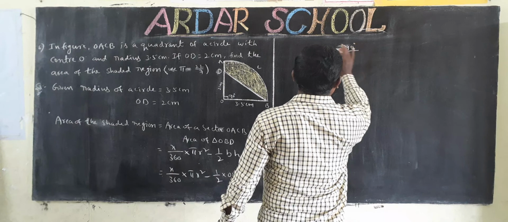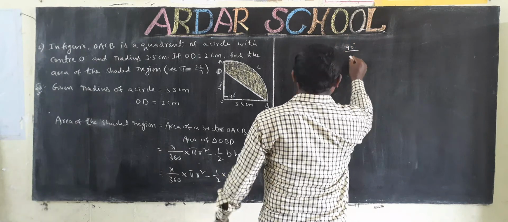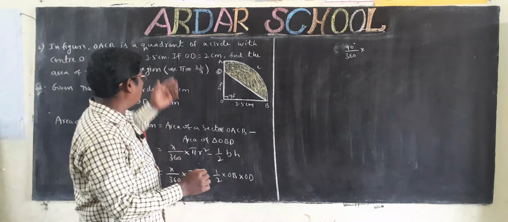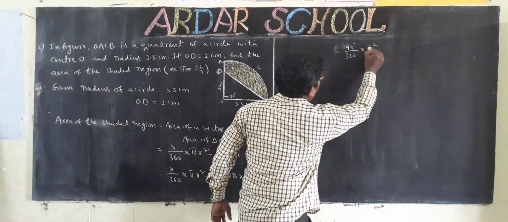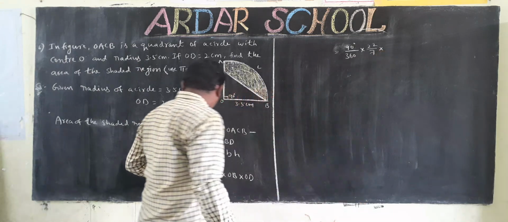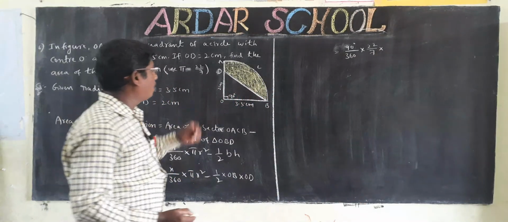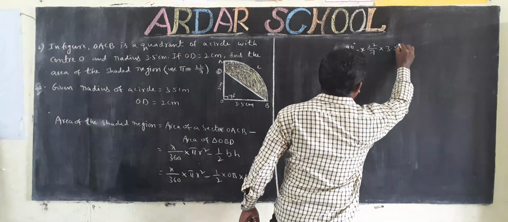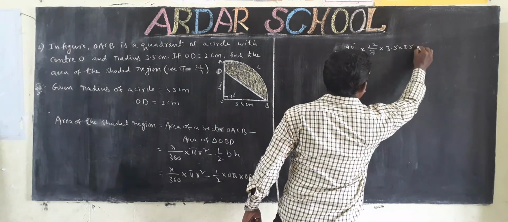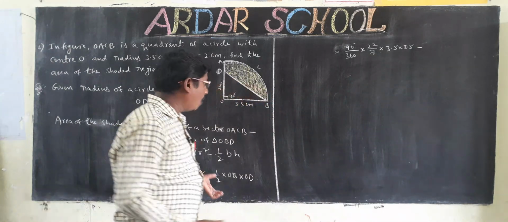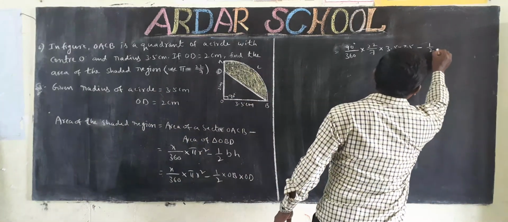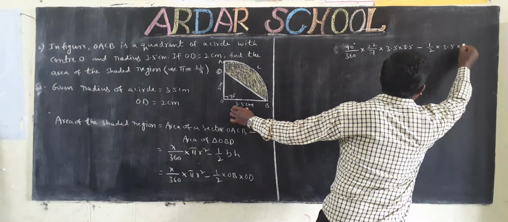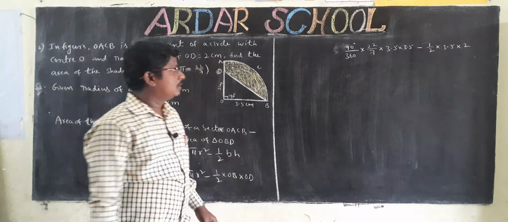So 90 by 360 degrees into pi r square. The value of pi is 22 by 7, into the radius, which is 3.5 centimeters, into 3.5 centimeters, minus half into OB which is 3.5, into OD which is 2.